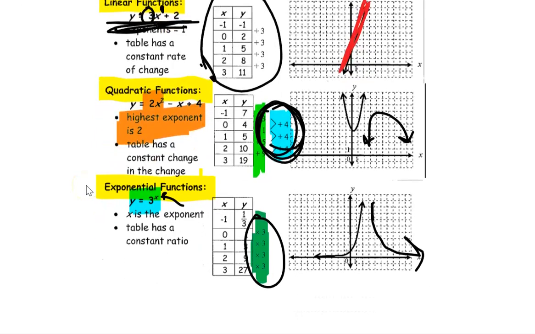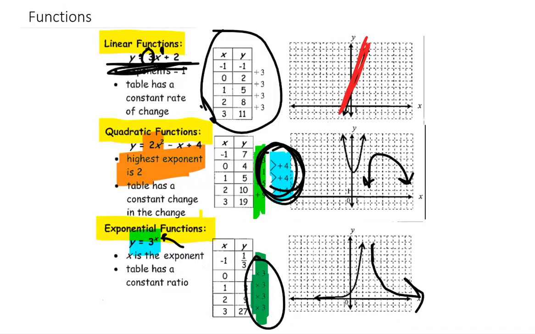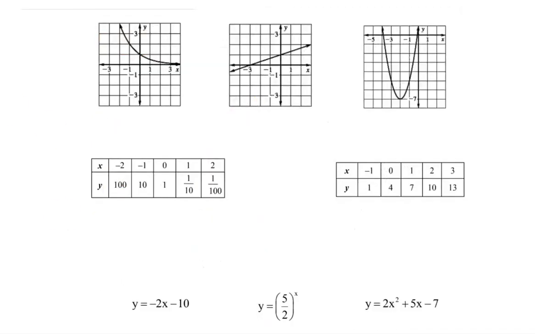And if we look here, we can go through a couple examples of that. If I look at this graph, I can see it's not a straight line, it's not a u, it is that exponential curve we have here.